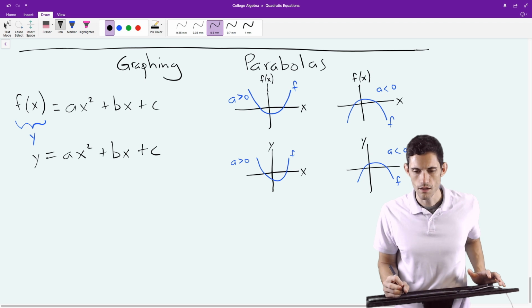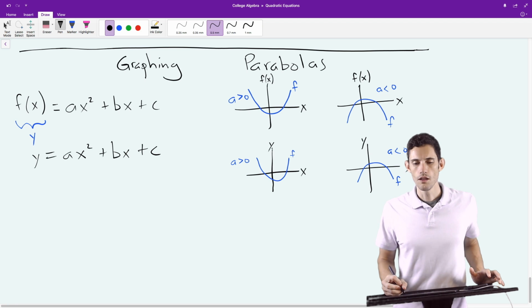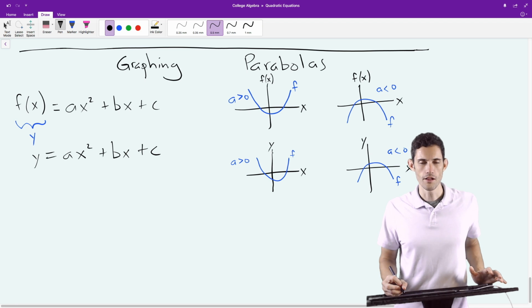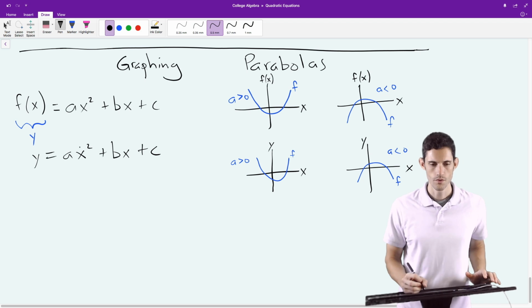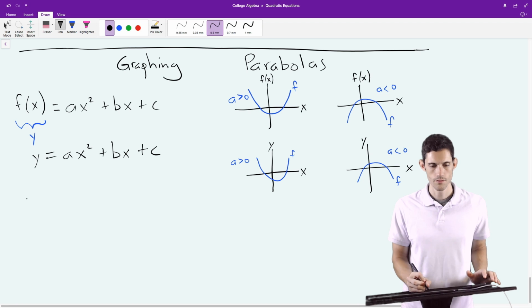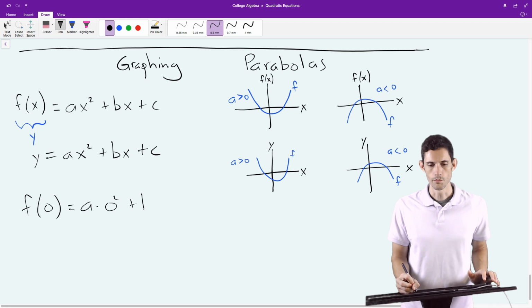So if you look right in the middle on the y-axis, all up and down the y-axis, the value of x is 0. And 0 is an easy number to work with. If I were to plug in 0 into this function, I get a times 0 squared plus b times 0 plus c.